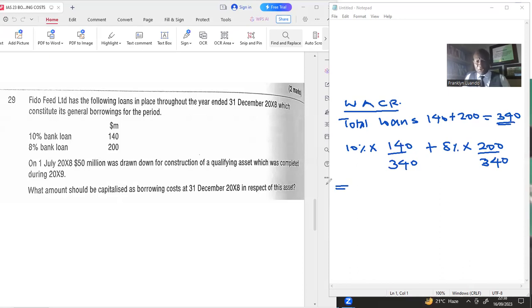We have on the first one there, 140 divided by 340 multiplied by 10%. We have 4.12% plus 200 divided by 340 multiplied by 8%. We have 4.71.